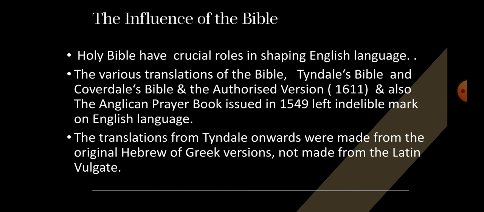So there are three main translations of Bible that happened during this Middle English period. The first one is the translation by Tyndale, second Coverdale, and the third the authorized version of Bible of 1611. This year is important, the year of the authorized version of Bible, which was 1611.